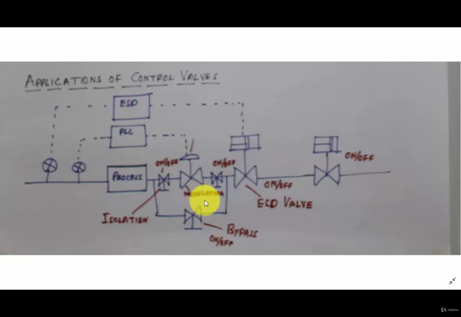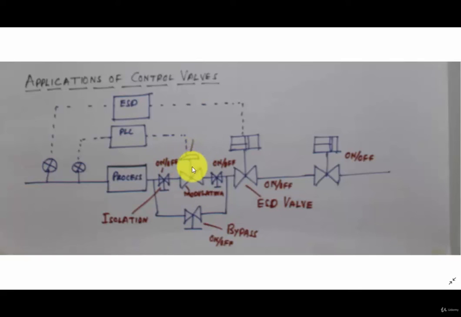This is a control loop: this is the sensor, this is the controller and the control valve. Here we are using a modulating type of control valve to control the flow and control the process as per the controller command, as per the set point.